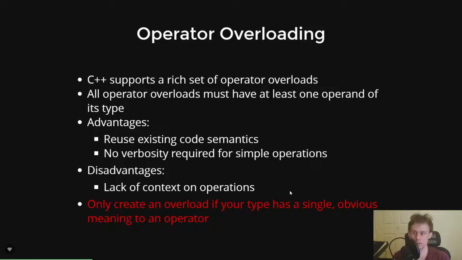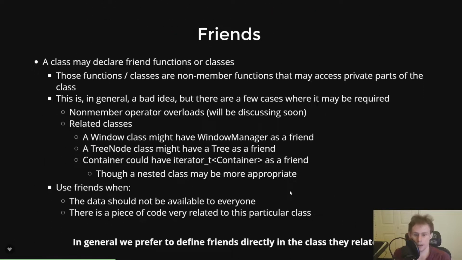So the aim here isn't to remove all custom functions. The point is if your custom function is demonstrating a behavior that is exactly the same as what someone would expect if you just said add two points together, right? Or if you had a word ladder class, you're probably not going to overload much. You can't add two word ladders together. You're not going to times two word ladders together. So just be careful that everything you do has a clearly defined semantic.